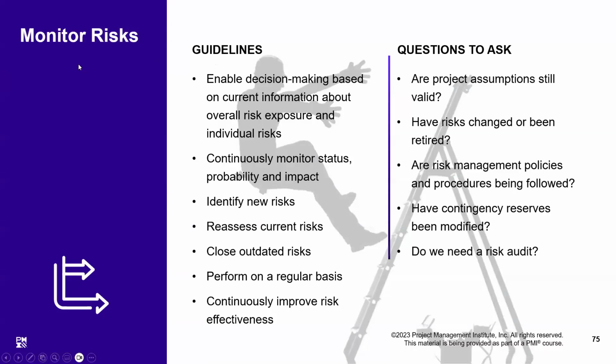While the guidelines for monitoring risks in a predictive environment would be that you have to enable decision making based on current information about overall risk exposure and individual risk. You remember we did the quantitative risk analysis, which told us how much is the overall risk exposure of the whole project, how risky is the project overall.